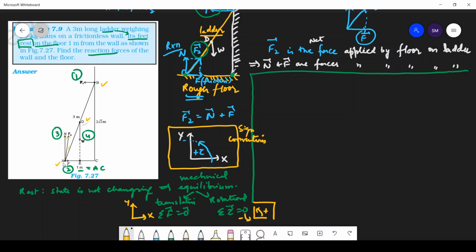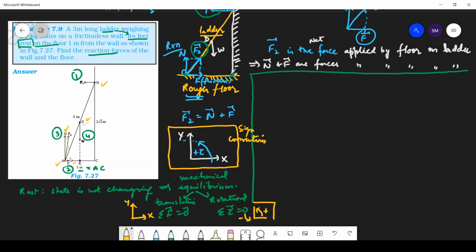But if you take the moments about A, the advantage is that the distance R for N is 0, for F also is 0, because the axis of rotation and the forces are acting at the same point. So here the tau is 0 due to N and due to F, because R is 0 at A. That is why it is advantageous. You are cancelling two variables here.